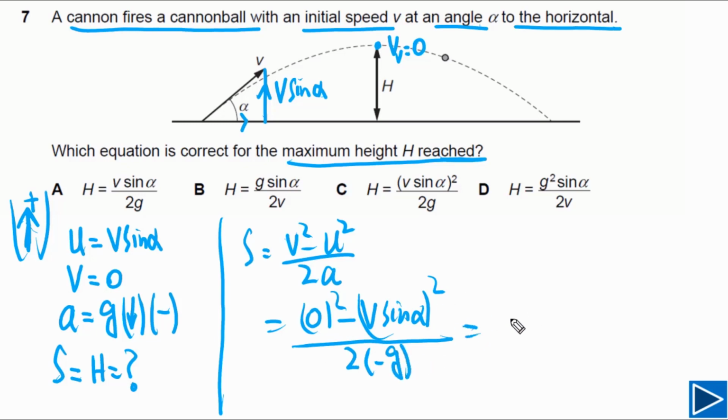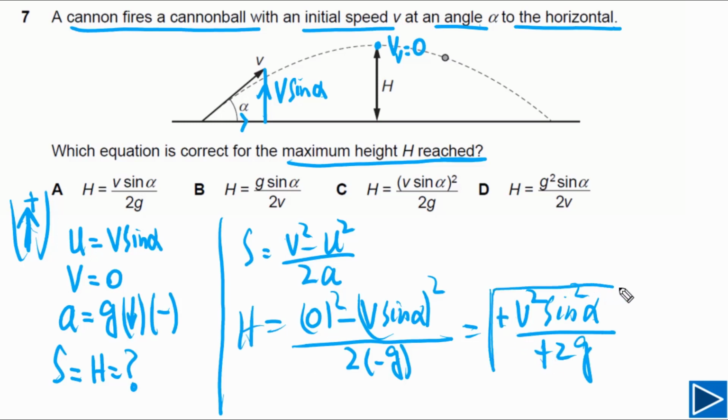Now if we solve this, we get minus v square sine square alpha divided by minus 2g. So negative negative cancel, and our final answer is this one, and this is the maximum height reached by the cannonball. So the answer is C.